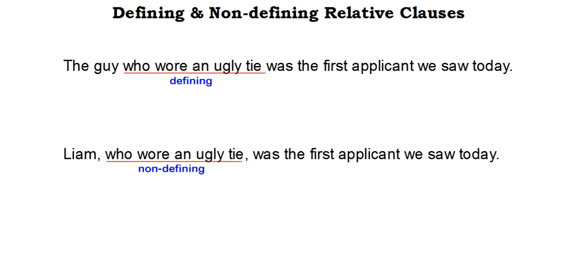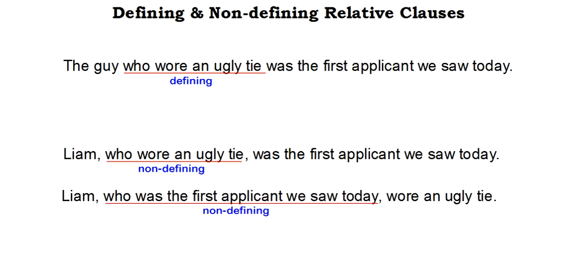Okay, another thing to mention with non-defining relative clauses is the person who makes the sentence, the person who utters the sentence or writes it, gets to decide what information is deemed essential and what information is extra or non-defining. So in the second sentence, the essential information is that Liam was the first applicant. The by the way extra information is that he wore an ugly tie.